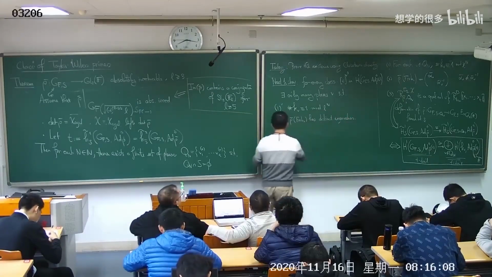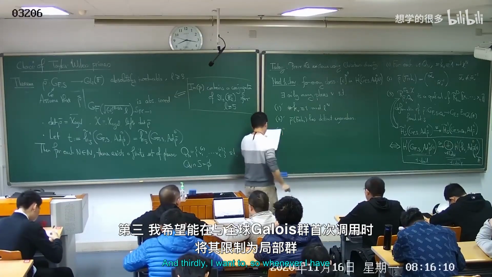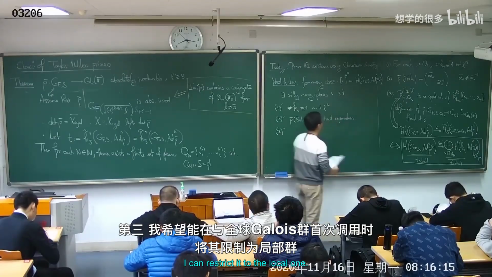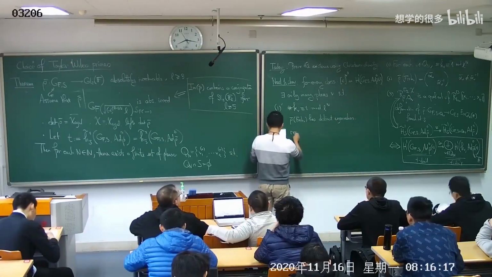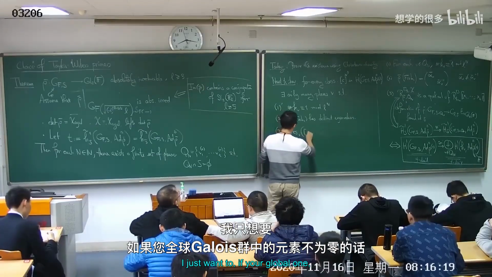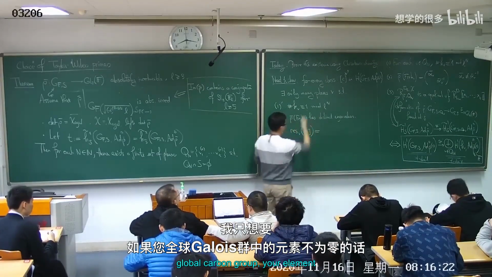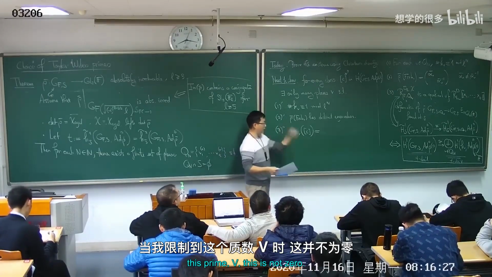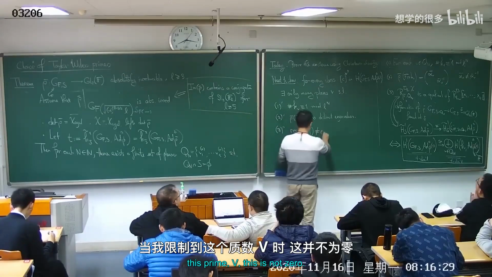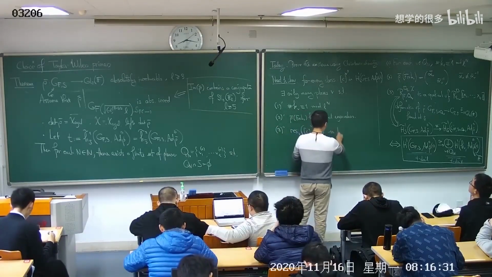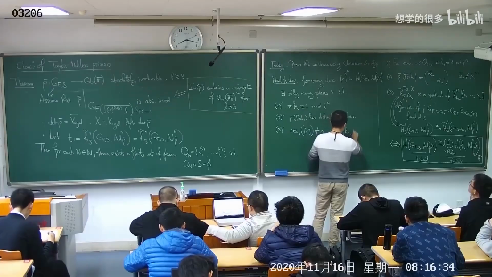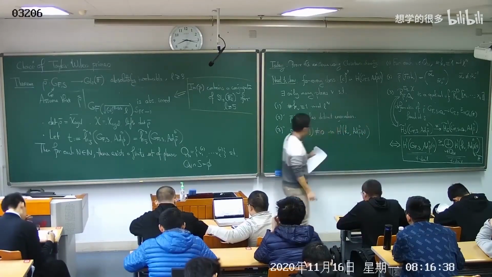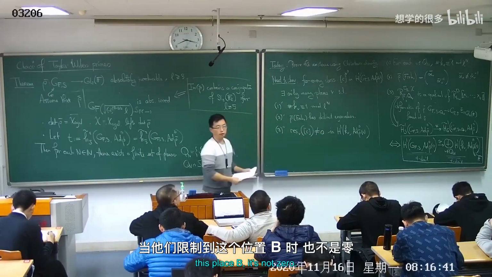And thirdly, whenever I have a class of the global Galois group, I can restrict it to the local one. I just want that if your element in the global Galois cohomology is not zero, then when I restrict to this place V, it is not zero.